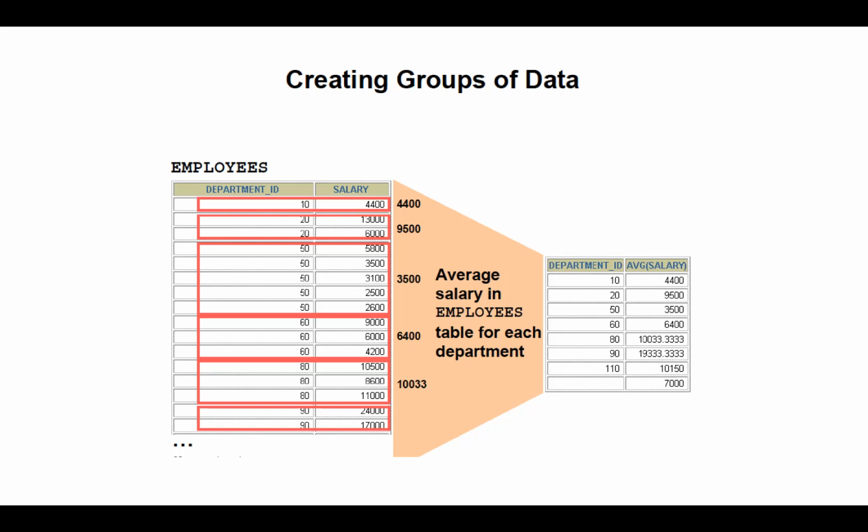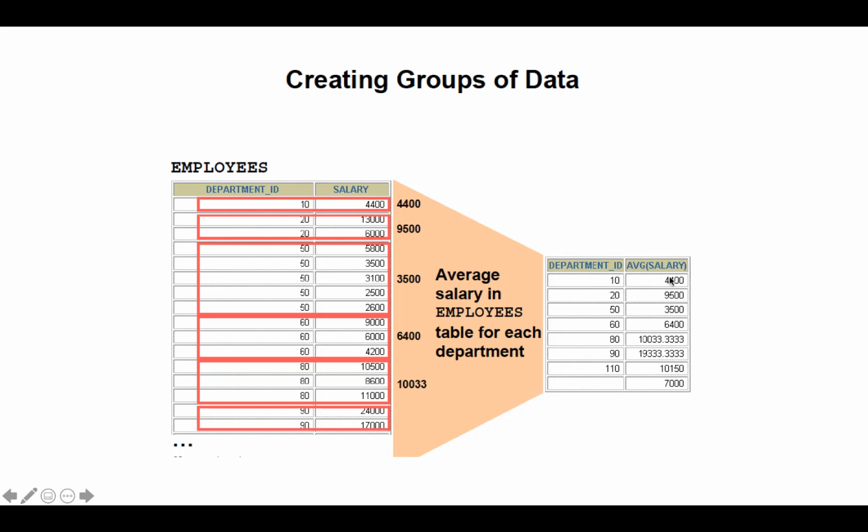This is a sufficient explanation to show you that the table is grouped by department ID, and it's applying this aggregate function on each group. And that's why, for example, I cannot write here a column that says salary, because which salary would it show? This is a group of 10, so it cannot show salary.